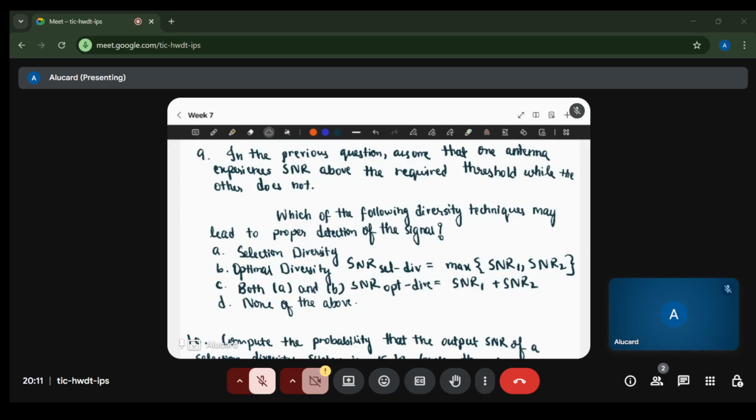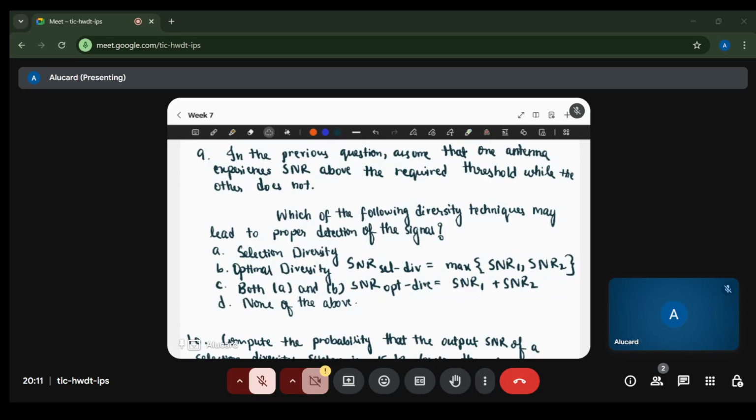But in this case, one of the signals has an SNR greater than the threshold. So selection diversity will definitely choose a signal. It's max of SNR1 and SNR2. Let's say, without loss of generality, SNR1 is greater than the threshold value.